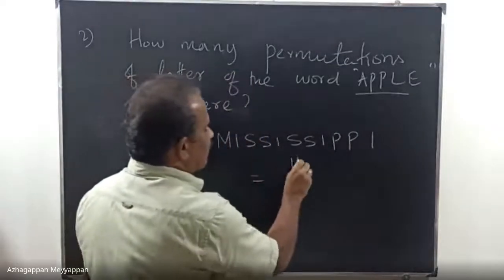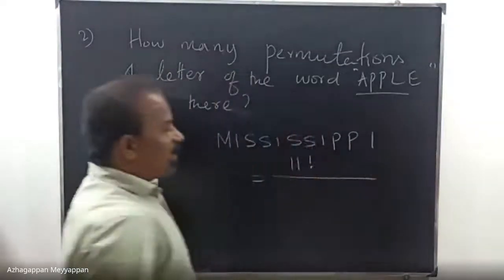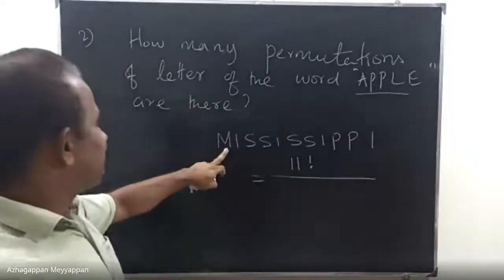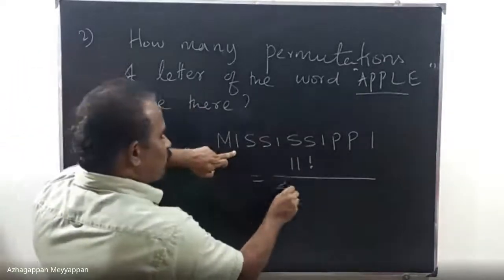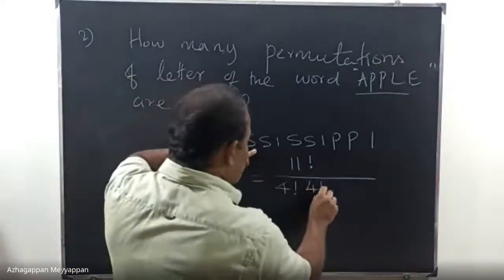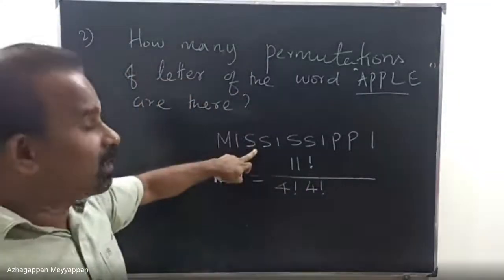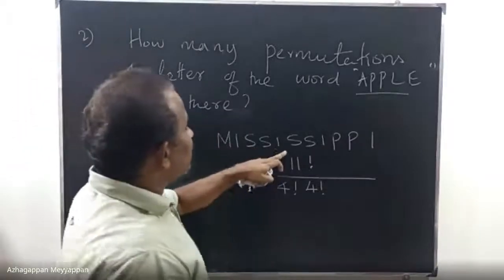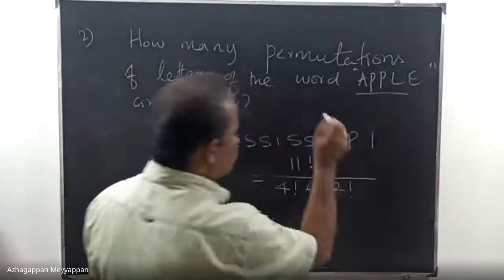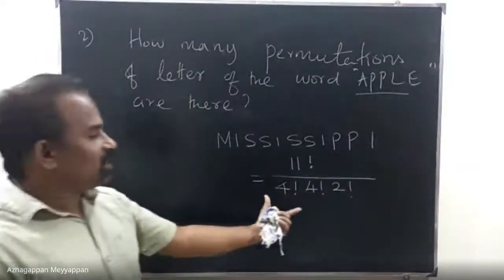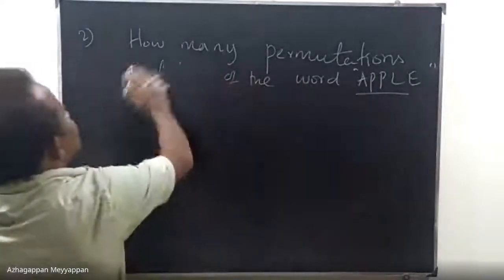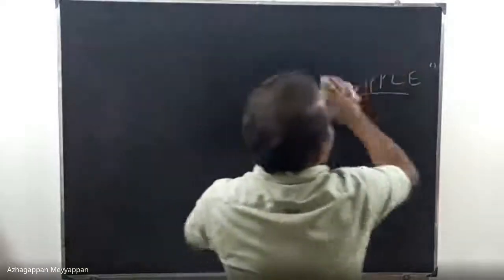So you take 11 factorial divided by: M appears 1 time, therefore 1 factorial, no need to write; I appears 4 times, therefore 4 factorial; S appears again 4 times, again 4 factorial; and P repeats 2 times, therefore 2 factorial. For each letter you have to count and write. So this is the way. Okay, so all these are for arranging in a row.